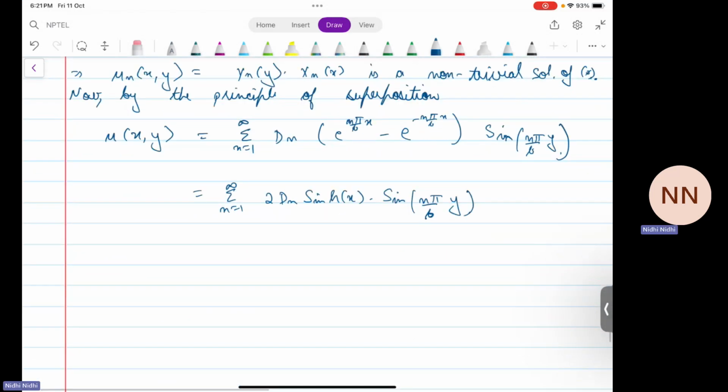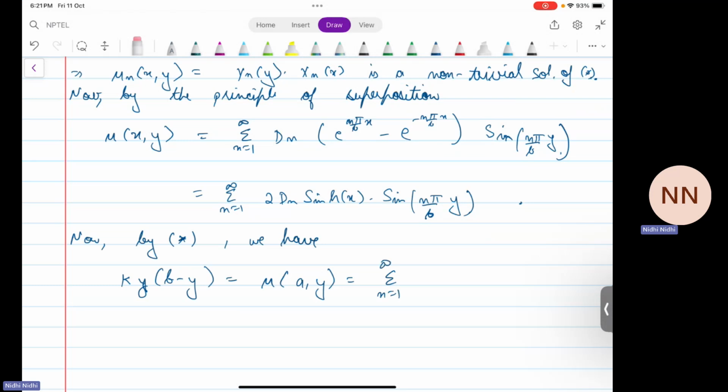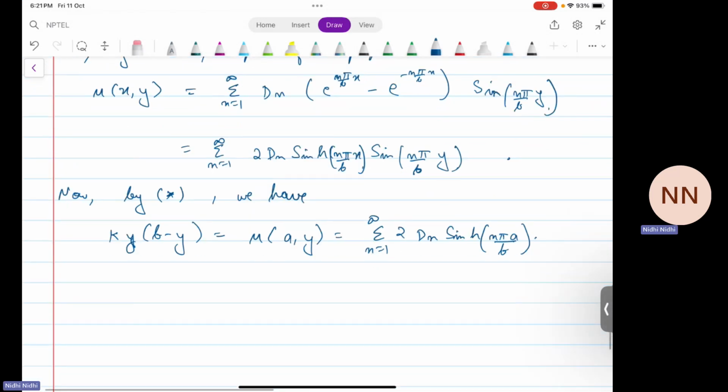Now by star we have ky times b minus y is equal to u at a comma y, which is summation n from 1 to infinity 2 dn sine hyperbolic n pi a by b times sine n pi by b y. Now from here we know how to evaluate these coefficients dn.